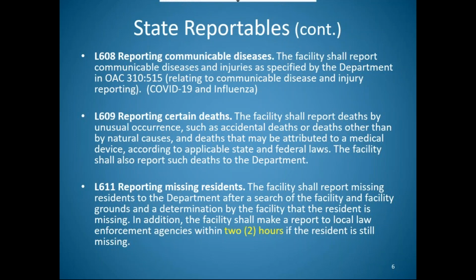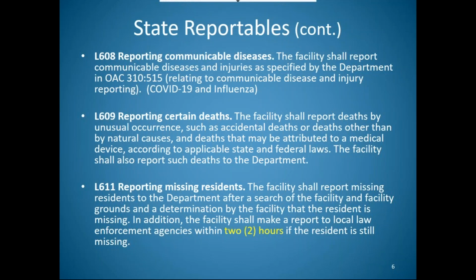And that's what OAC 310-515 is. There's also a couple of injuries in there that need to be reported, some burns, drowning or close to drowning. There's 2 or 3 injuries in there. But this is where you're going to report your COVID-19 infections and your influenza outbreaks.